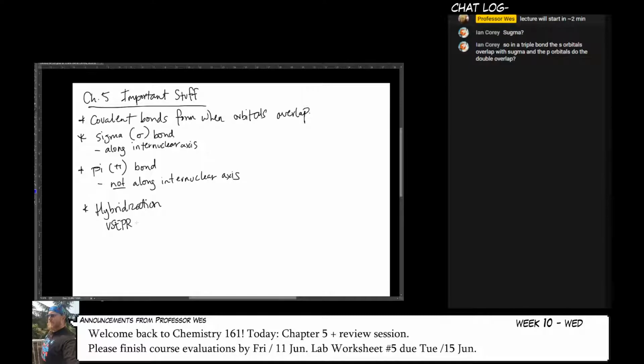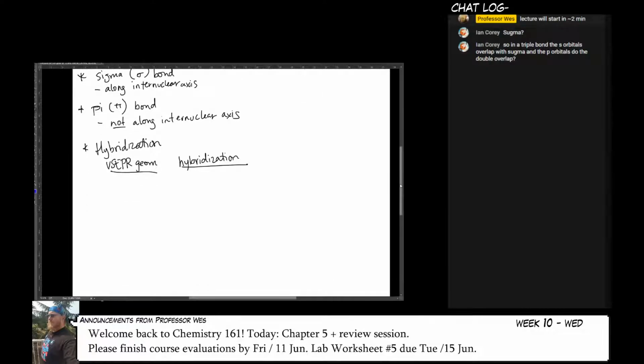And so what we're going to do is make a table here. All right, and I'm just going to fill this in real quick. So we all know what VSEPR geometry is because we talked about that in the geometry lecture. That was on Monday.